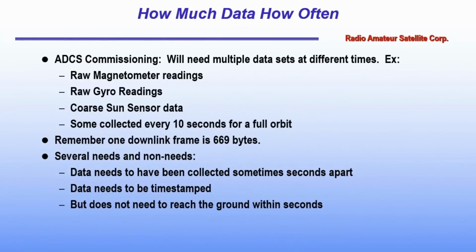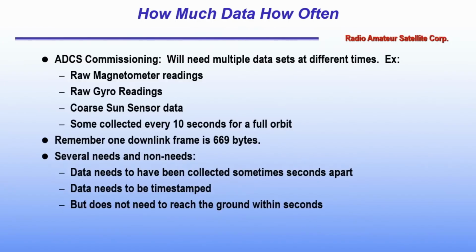For example, for ADCS commissioning, we need raw magnetometer readings, mentioned before, raw gyro readings, some coarse sun sensor data, and some of this data is collected every 10 seconds for an entire orbit. So, do the math, 90 minutes for an orbit, 66 groups of 10 seconds, it's a fair bit of data, and I didn't tell you how much data was in each packet that had to be collected.